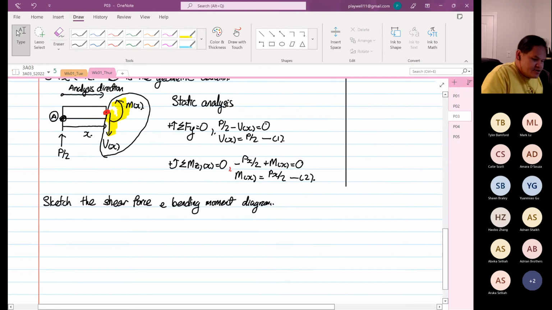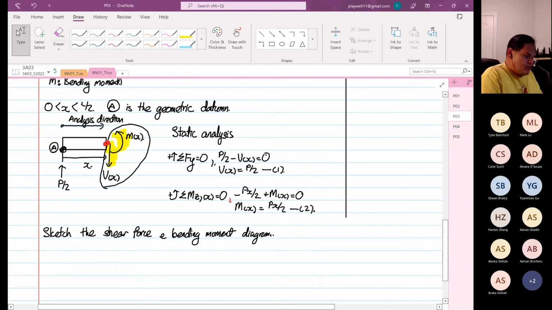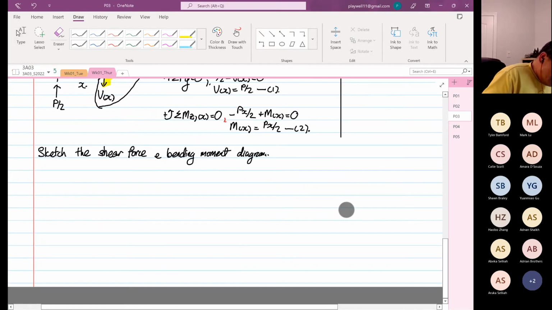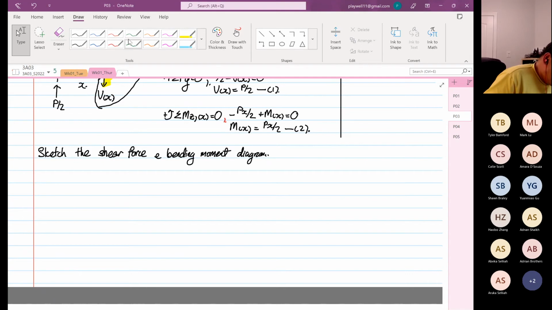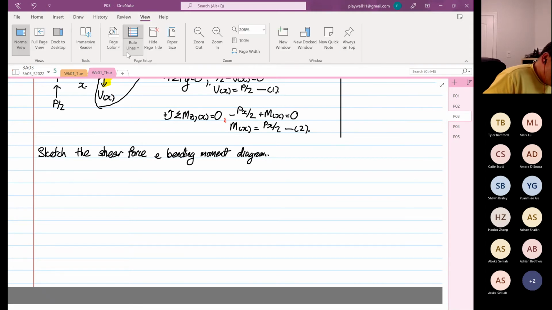This is by observing the equations, by observing equation 1 and by observing equation number 2. So we know that this is a cantilever beam. Oh, sorry, this is simply supported. So I'm going to draw a simply supported beam.